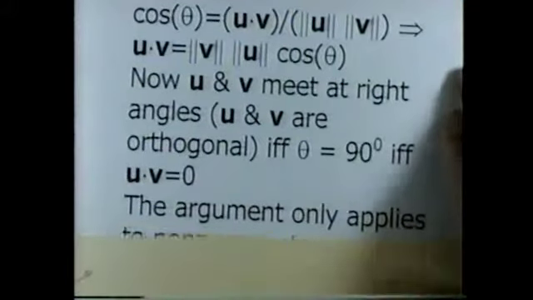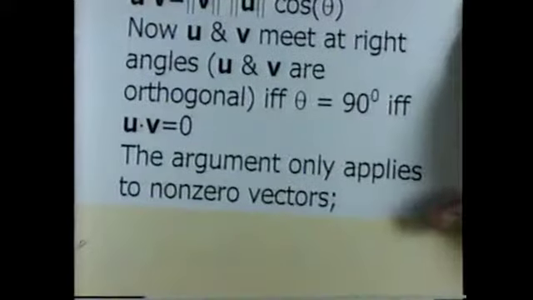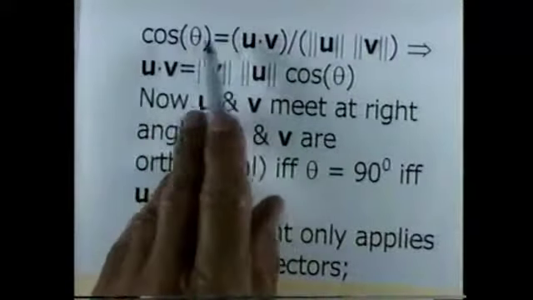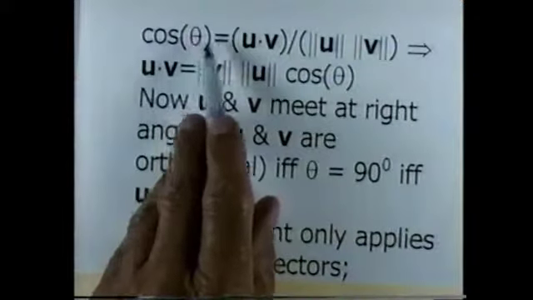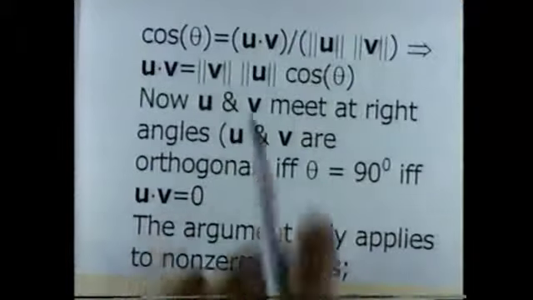Now the argument above only applies to non-zero vectors, because if you go back and look at the angle between vectors, the concept of an angle between vectors only makes sense when u and v are non-zero.